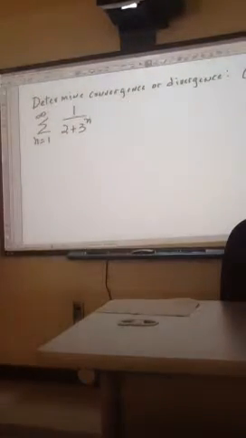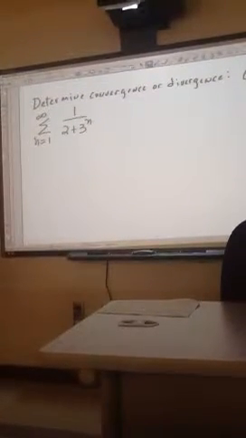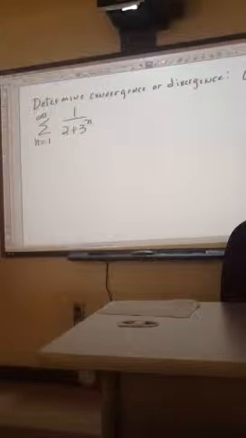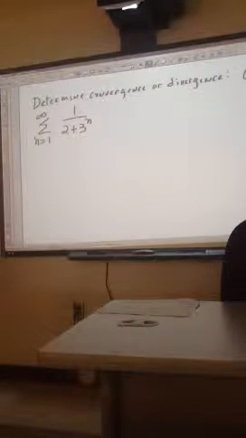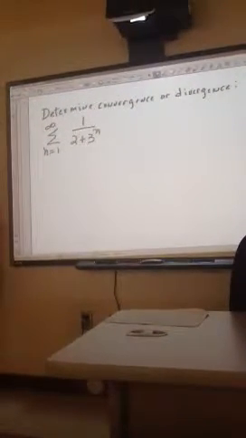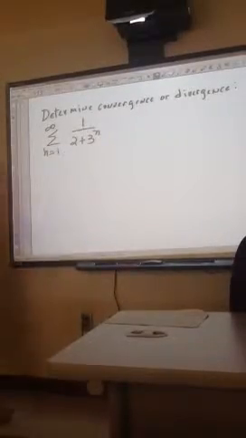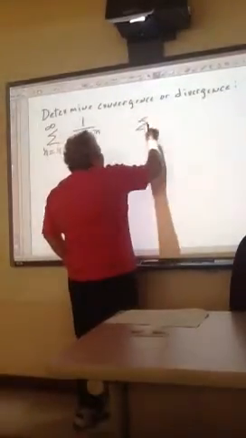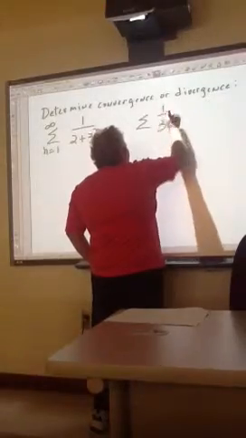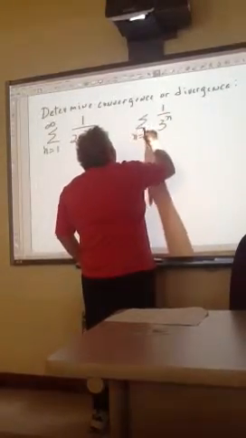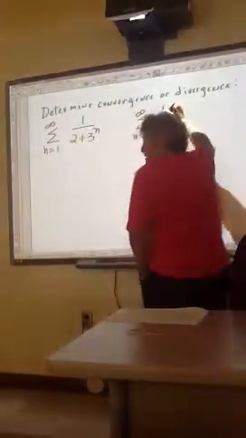So suppose I asked you whether this series, 1 over 2 plus 3 to the n, converges or diverges. You do 1 over 3 to the n as the B series. So what we're going to do is, in our heads, think about comparing. That's a great one, and the reason it's a great one is because we know this one.